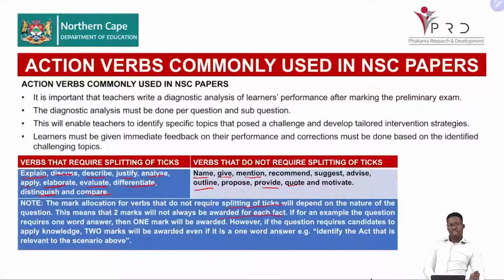However, if the question requires the candidate to apply knowledge to use the principle, then 2 marks will be awarded. And these 2 marks are either given as 2 marks, all of it, or will have a split mark to say you've introduced the concept and you're able to apply the concept. 1 mark, 1 mark.